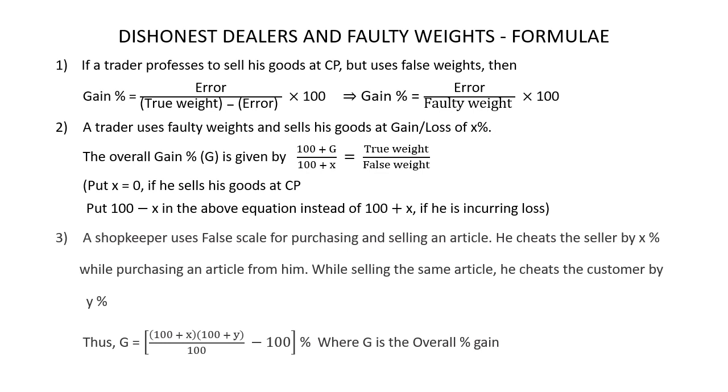Now if the trader is getting a gain, then it will be 100 plus X in the formula. Supposing there is a loss for the trader, then it will be 100 minus X in the formula. Also, if the trader is selling his goods at cost price, then he won't be having any gain or loss. So put X is equal to 0 if he is selling the goods at cost price.